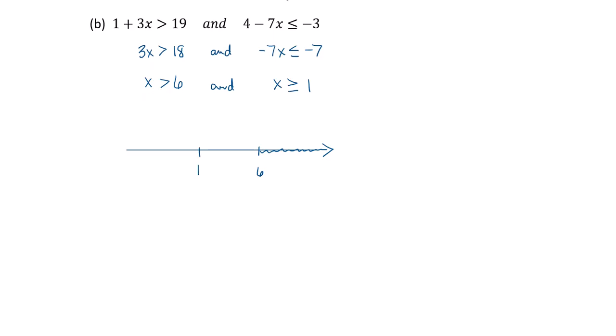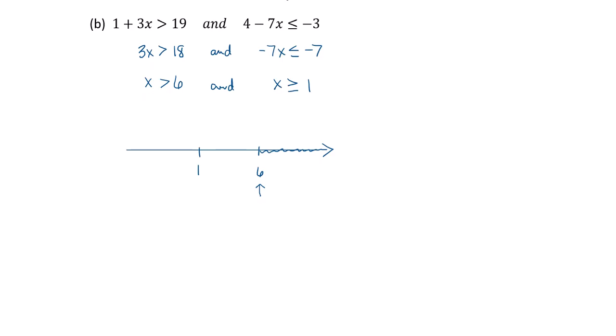Now, the question is, do we include the number 6 or not? The real question is, is the number 6 included in this set and in this set? Is 6 greater than 6? No, it's not. So we cannot include it.